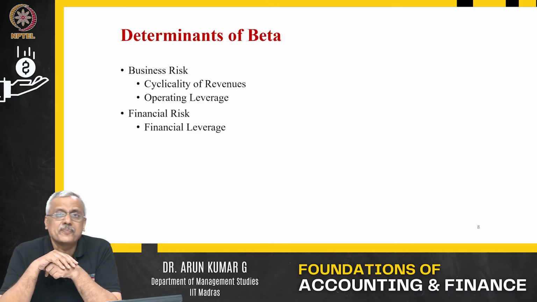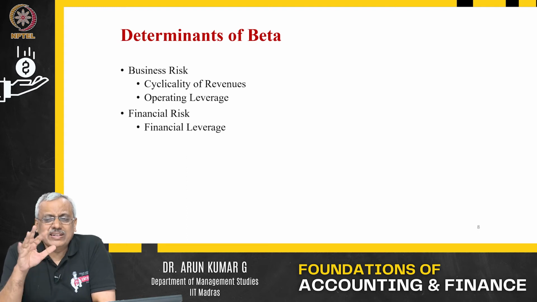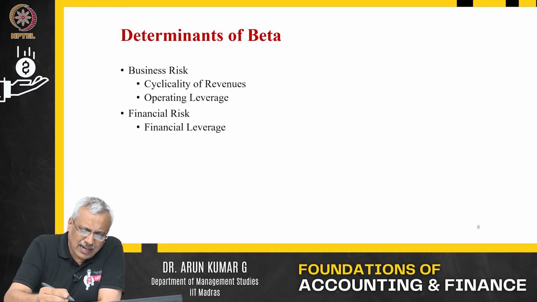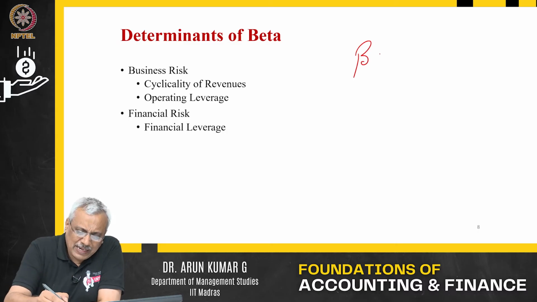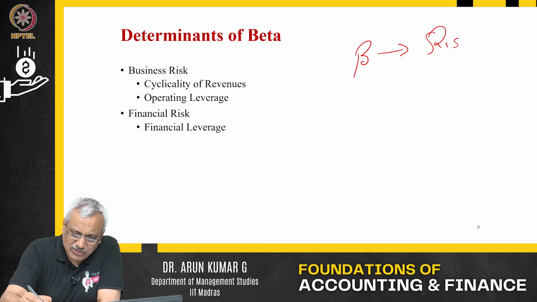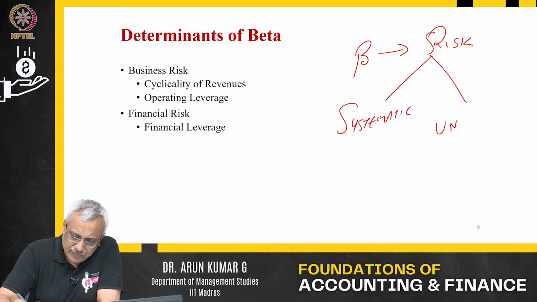I am just moving to the next slide here. Now, I kept on talking about beta and beta everywhere. What does beta signify? Beta signifies risk, that we also said. It signifies risk that is both systematic and unsystematic.